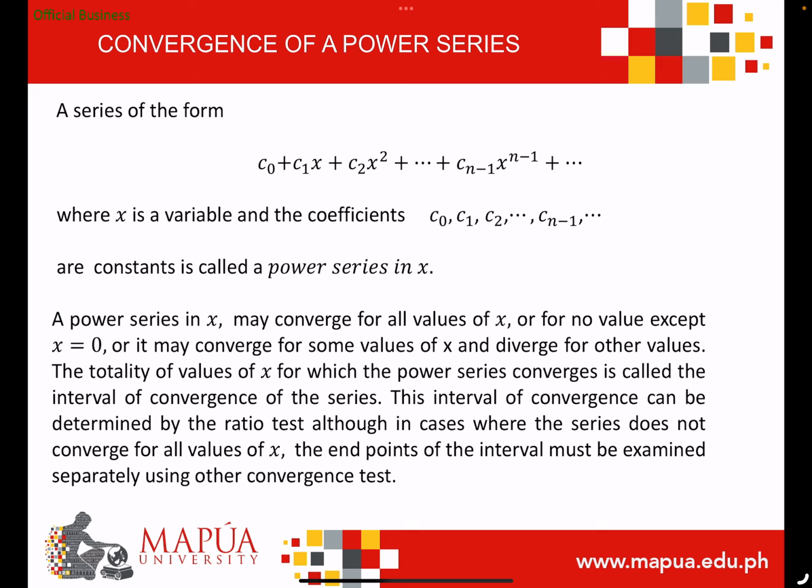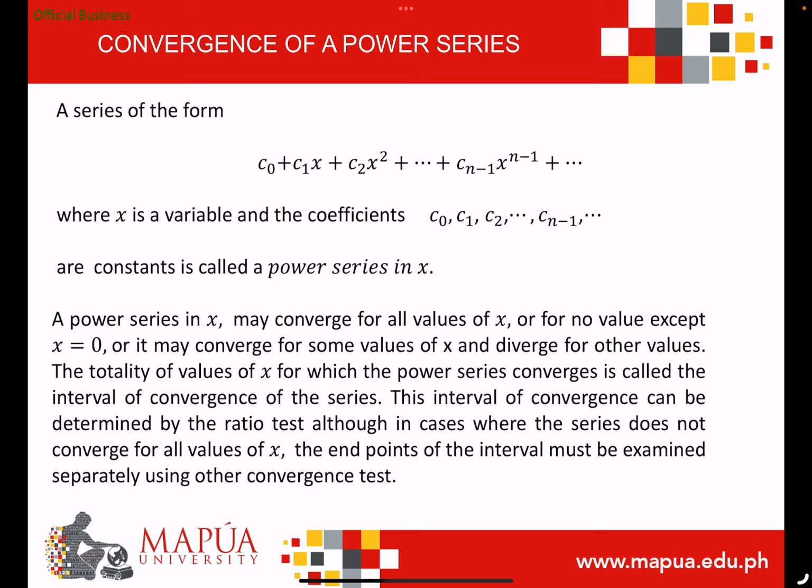A series of the form c sub 0 plus c sub 1 x plus c sub 2 x squared plus up to c sub n minus 1 x raised to n minus 1, where x is a variable and the coefficients c sub 0, c sub 1, c sub 2 up to c sub n minus 1 are constants, is called a power series in x.